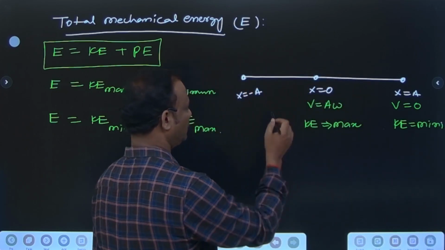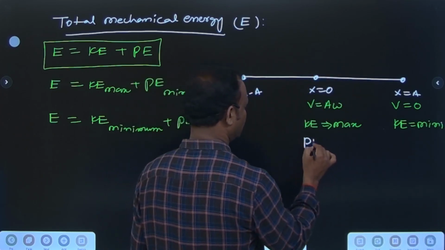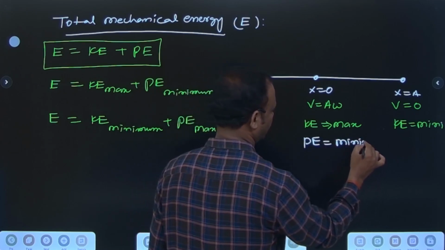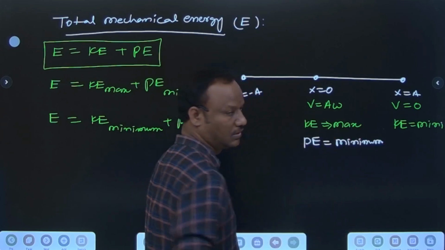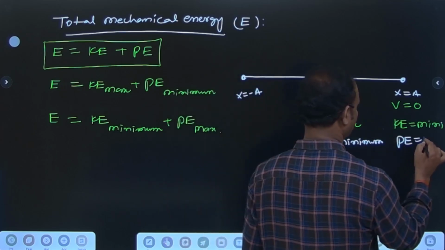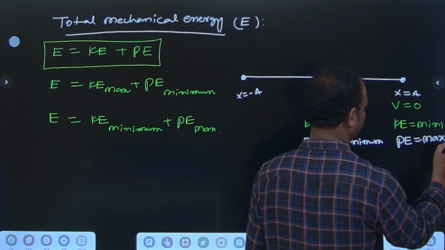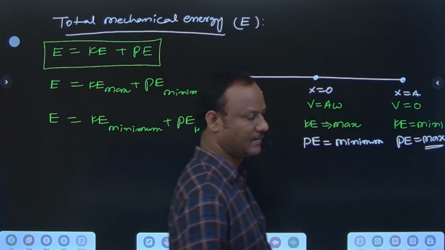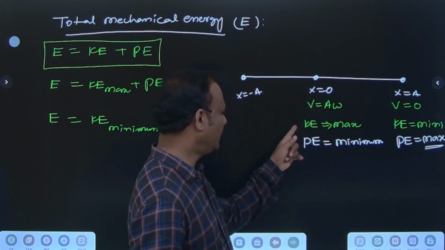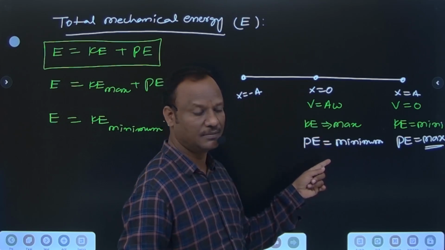Let me talk about potential energy. Potential energy at the mean position is minimum. Potential energy at the extreme position is maximum. You see, at the mean position, x equal to 0, kinetic energy is maximum and potential energy minimum.